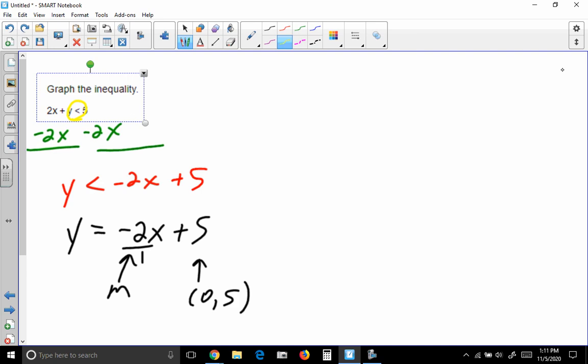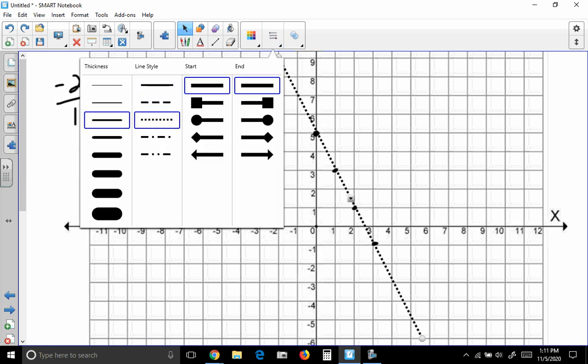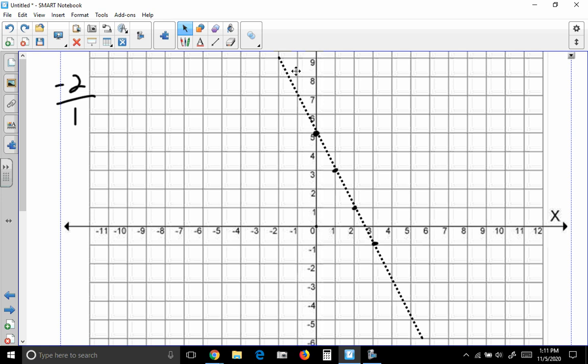Notice our inequality does not include where y is equal to. It's just less than, not less than or equal to. So if we don't include where we're equal to, we are not supposed to have a solid line. We're supposed to have a dotted line. A dotted line lets us see the boundary without actually including points on it.